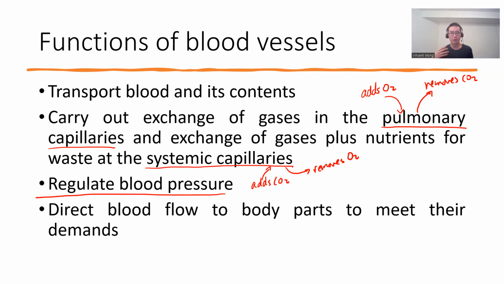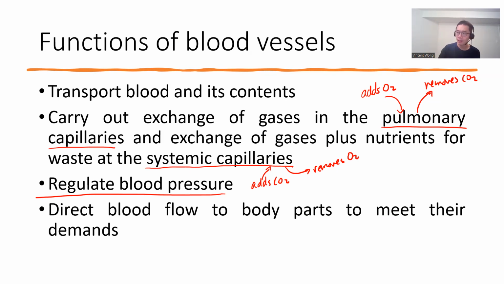So if your blood pressure is dropping, those muscles can squeeze your blood vessels and help your blood pressure go up. Okay? If your blood pressure is too high, then those muscles would relax the blood vessels and cause the blood pressure to come down and adjust it accordingly. Okay, I'll write this down for you at a later slide. I just want you to keep this in mind for now.